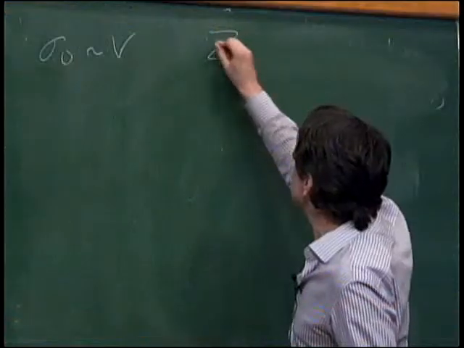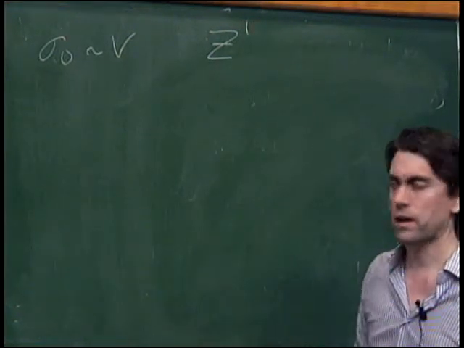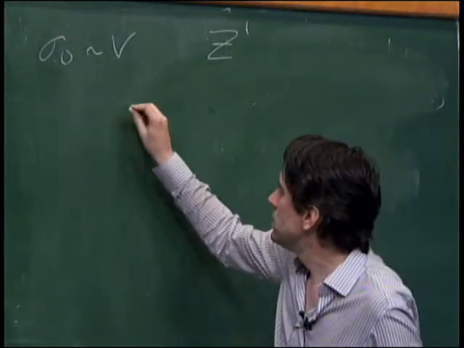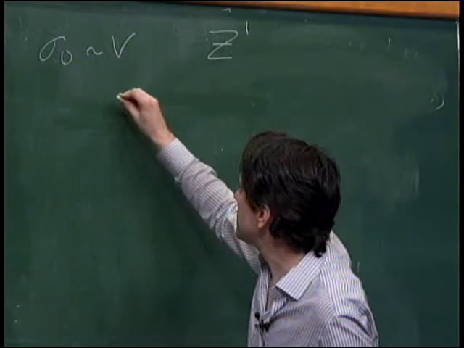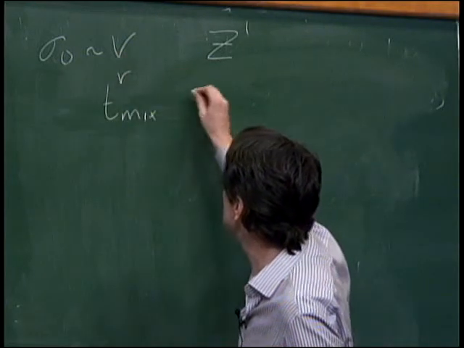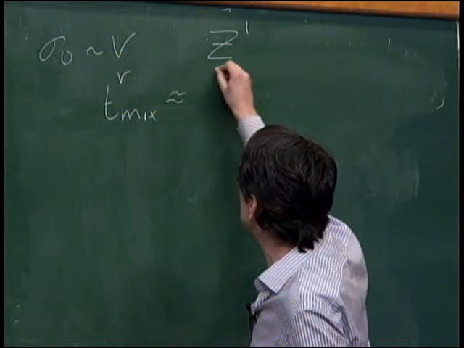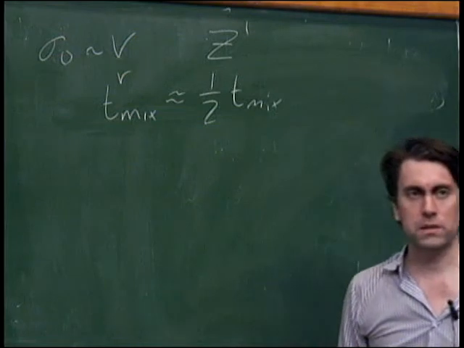And let's do this in the case of Z1, just on the line, because it's simpler. So in this case, what we get is that T mix of nu is essentially half the worst case mixing time.